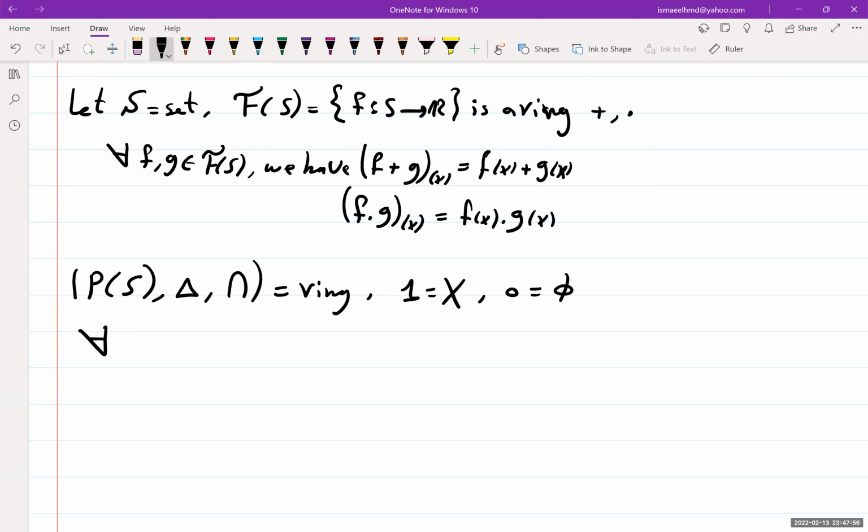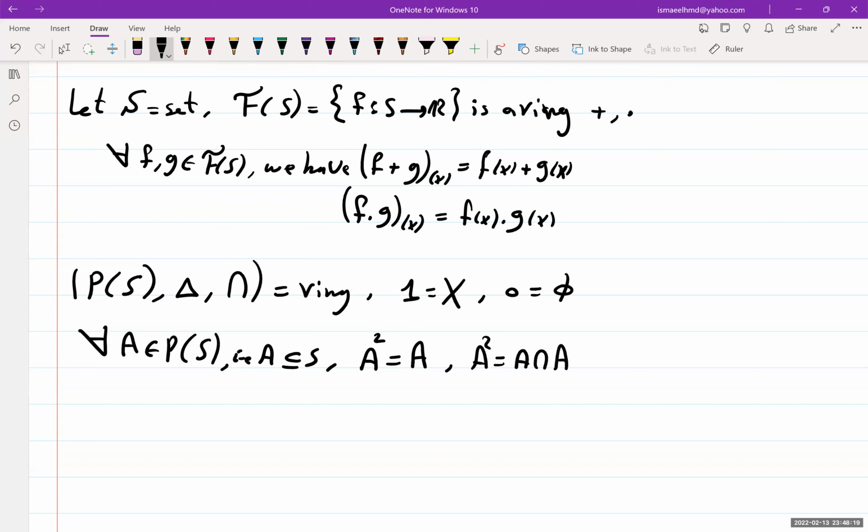Also, for any element A in the power set of S, that means A is a subset of S, we have A squared equal to A. It means A intersection A is equal to A for any element A in P of S.